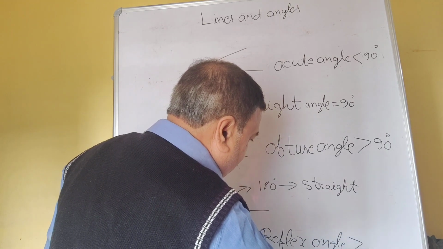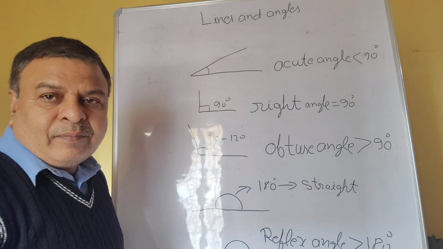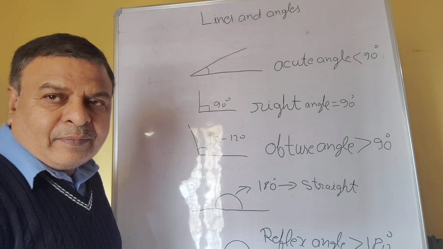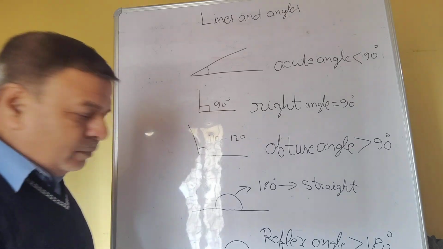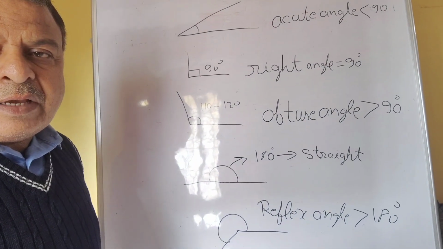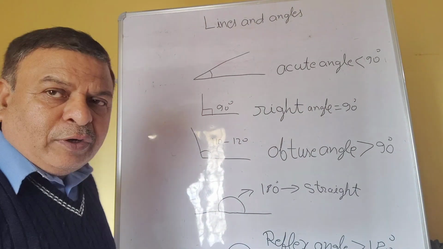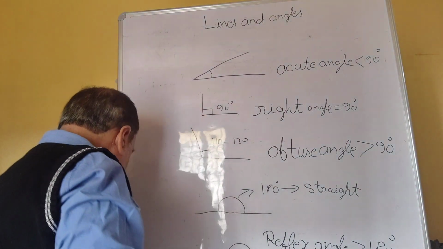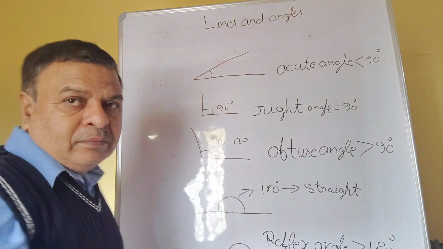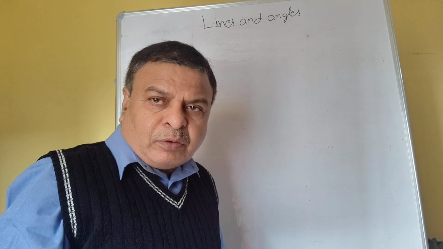Reflex angle is more than 180 degree. So this is reflex angle. So hope you understood this. Let me wrap it up. Now we will solve a few sums based on angles.